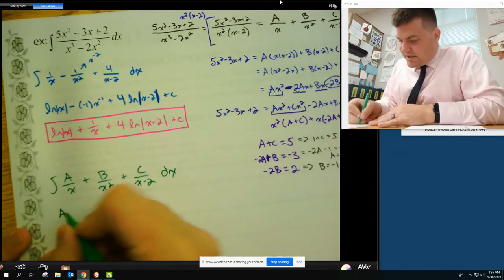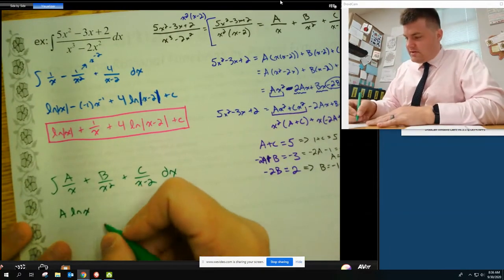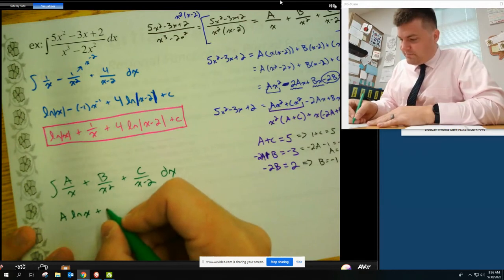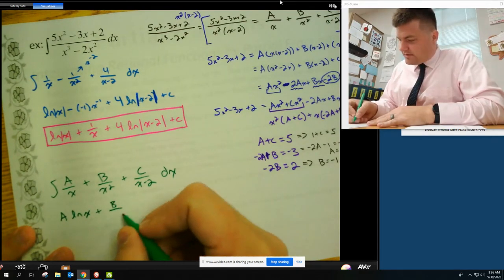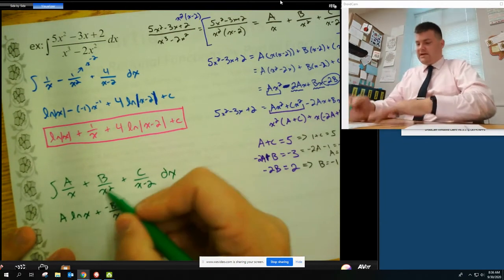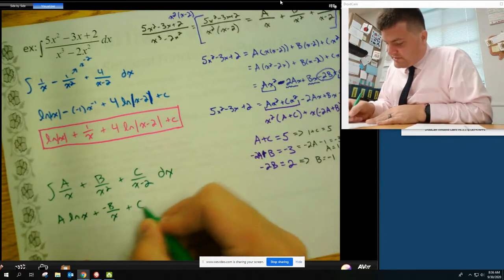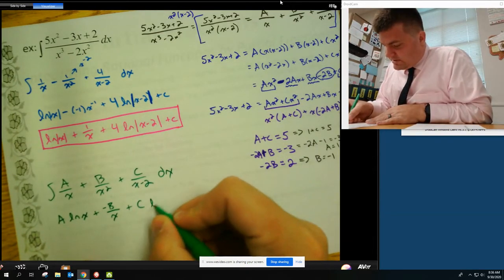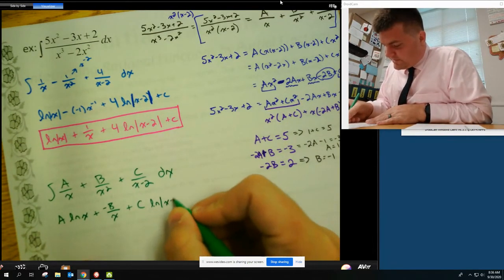You're going to get a ln of x plus, or sorry, plus negative b over x because of that integration, plus c ln of x minus 2.